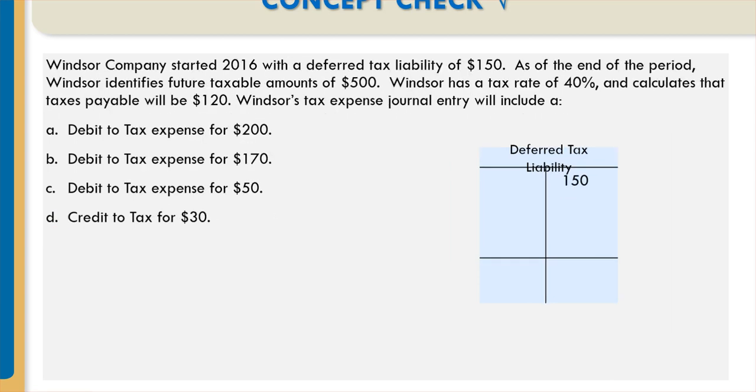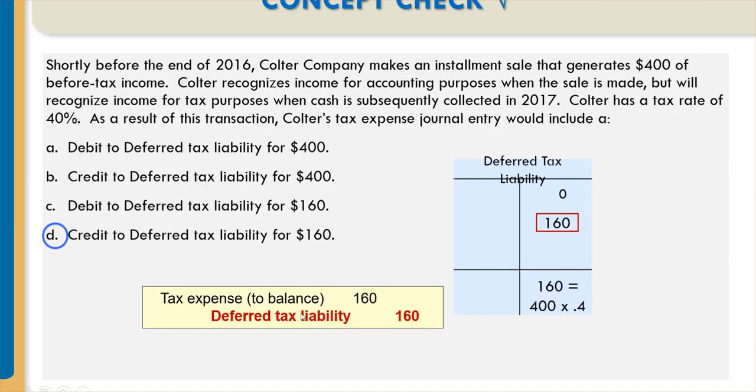The journal entry at the bottom says you have tax expense and you have a deferred tax liability. I would say about this journal entry here is they don't give us information which tells us what their taxable income is. If I had taxable income given to me, I could multiply that times the tax rate to figure out what my income tax payable would be here.